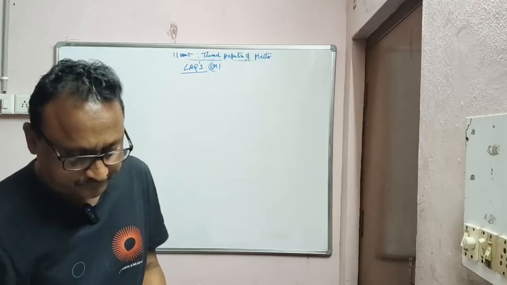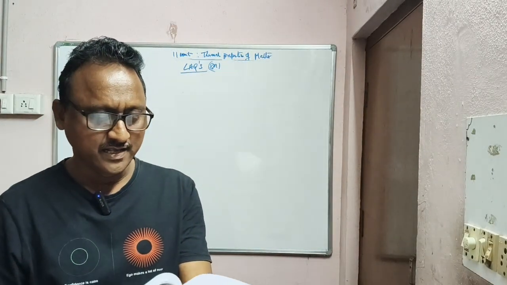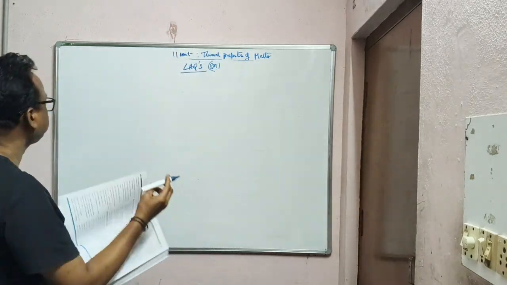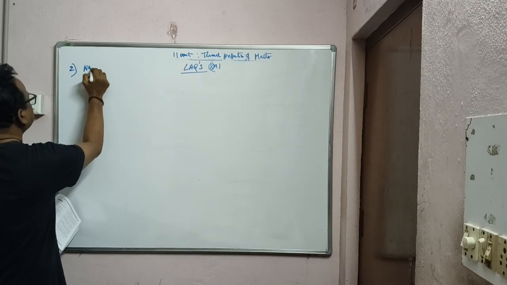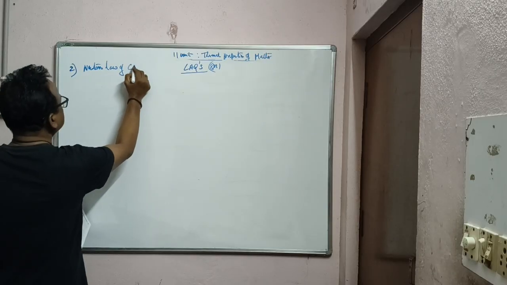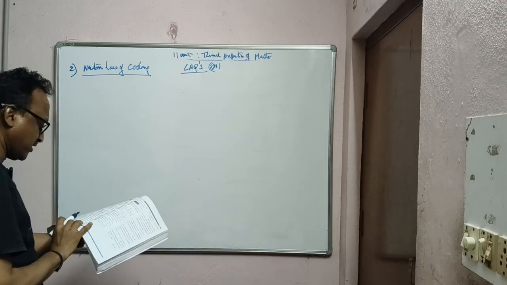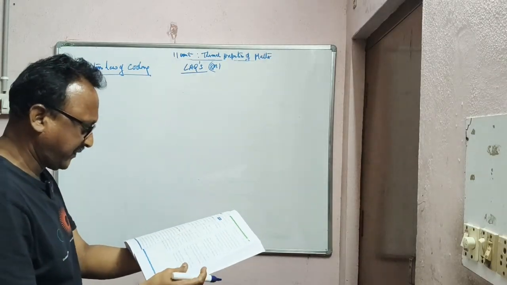Let's see what the second question is. The second one is also a fairly big problem. State and explain Newton's law of cooling. State the condition under which Newton's law of cooling is applicable.